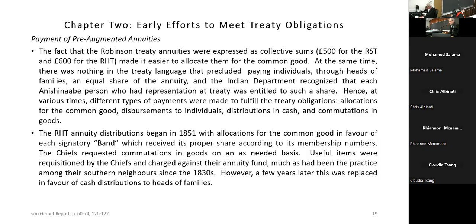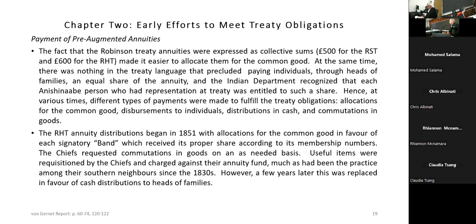But at the same time, there was nothing in the treaty language that would preclude paying individuals. And that, in fact, also happened. So the Indian Department recognized this one aspect of the Robinson treaties that was inviolable, really. It was not something that you could touch.